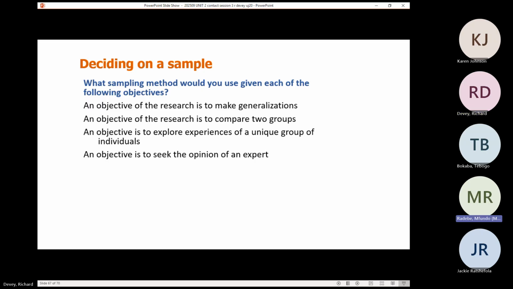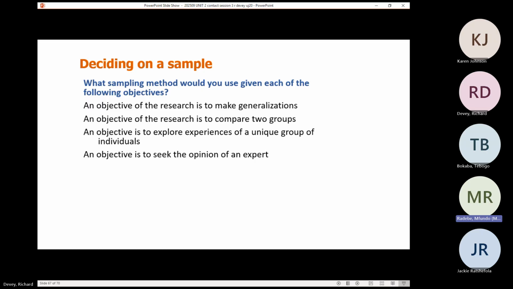And can I say another thing? The reason I'm saying non-probability sampling is because if you go back to the discussion that we had on Thursday, last week, we spoke about non-probability sampling.